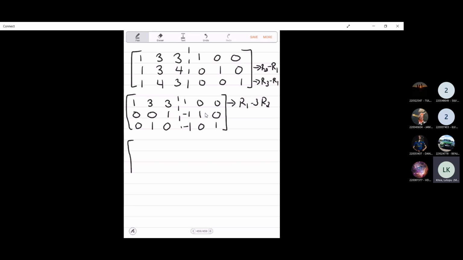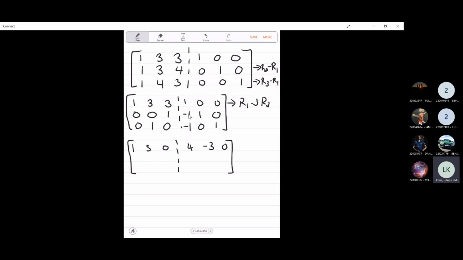Then this will give me 1, 3 minus 3 is 0, and then 1 minus negative 3, this is 4. 0 minus 3 is minus 3, and then 0 minus 0 is 0.